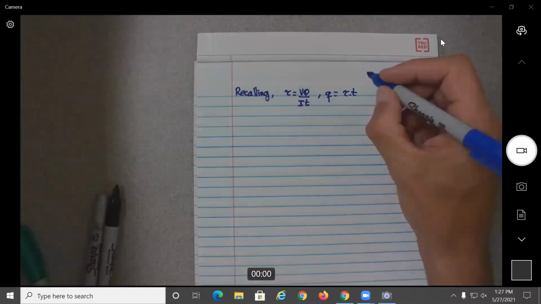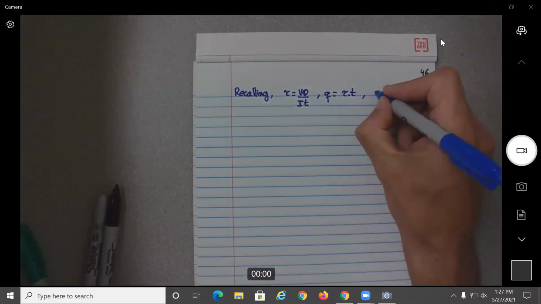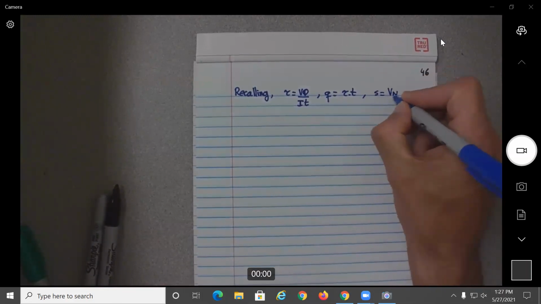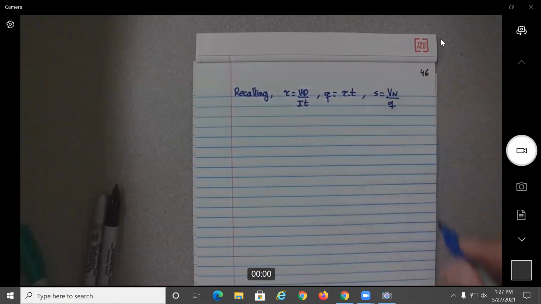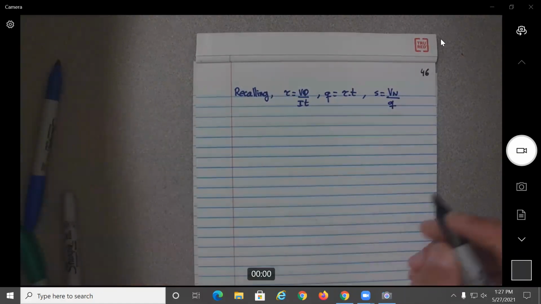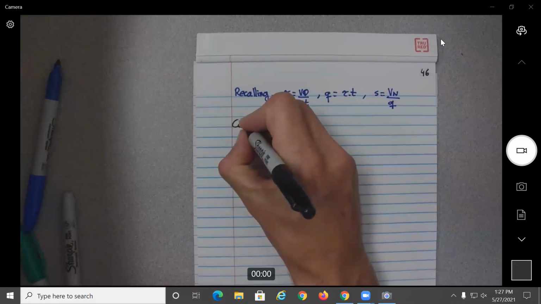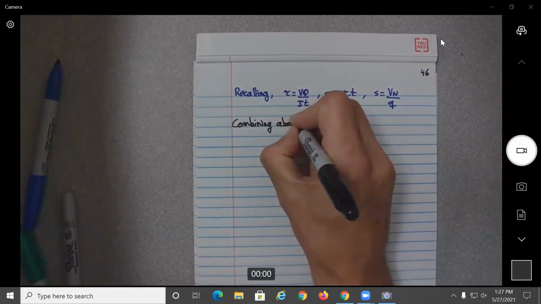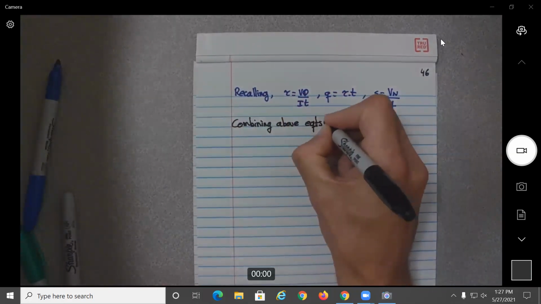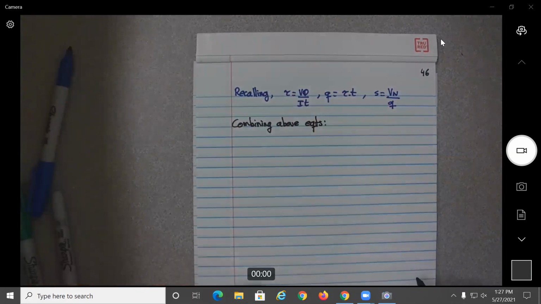Okay, and we have the third equation: the spacing is equal to the V of the nail divided by the shear flow. Okay, so combining the above equations, let's see what we can do.